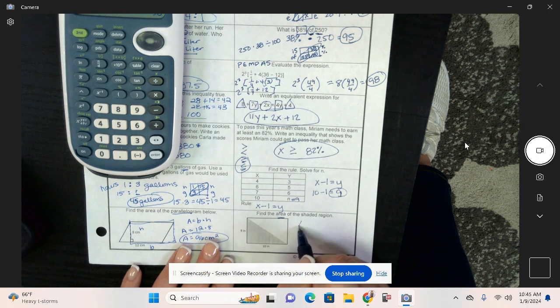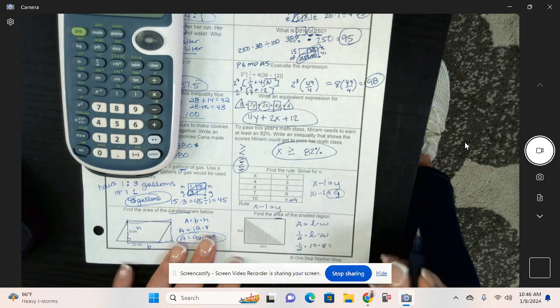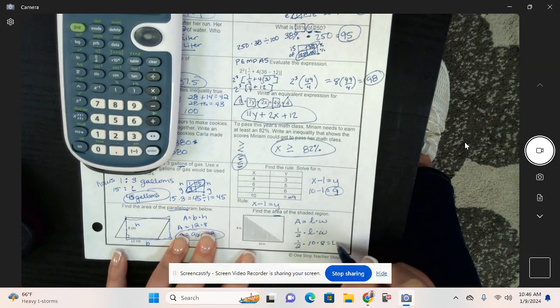So to find the area of a rectangle, you have area equals length times width. But we don't need the total amount of that. We need half of the area. So we need half the length times the width. And so if I plug that in, half of the length, which is 10, times the width, which is 8, when I multiply that together, I get 40 inches squared.